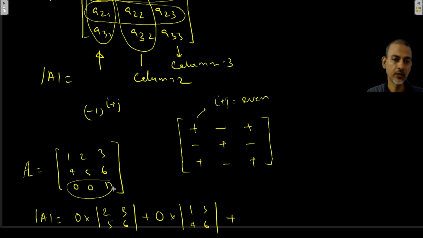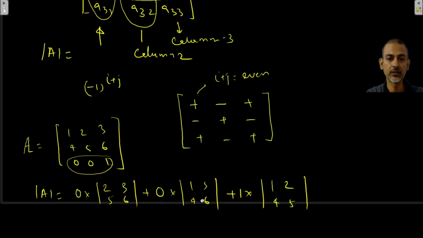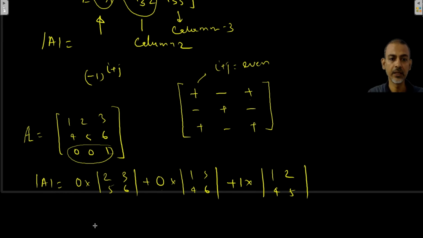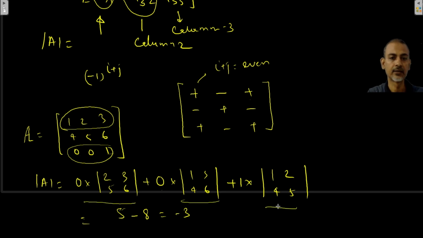And then finally you just have to calculate this one, 1 into the determinant of 1, 2, 4 and 5. So the value of this determinant would be simply 5 minus 8 equals minus 3, right? If you had calculated along this, then you would have calculated 3 determinants and it would have been a little difficult for you to do, alright?